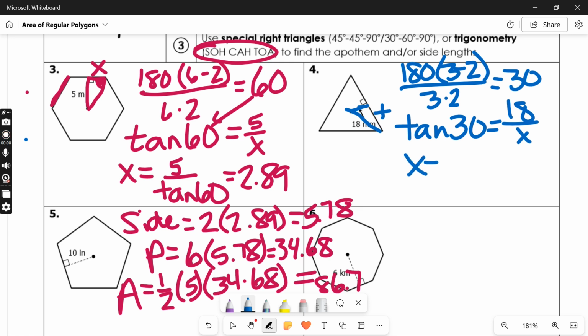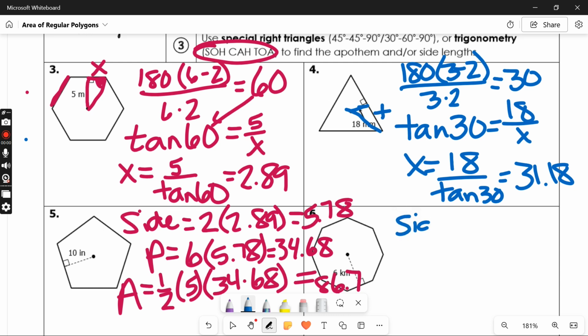So that tells me x is 18 over tangent of 30, which is 31.18. Okay, I found my angle, set up tangent, solve for x.